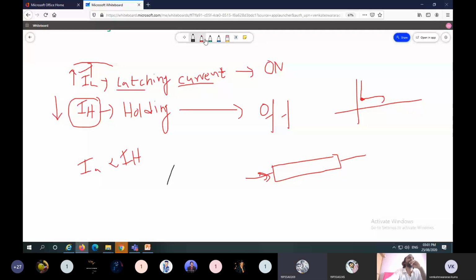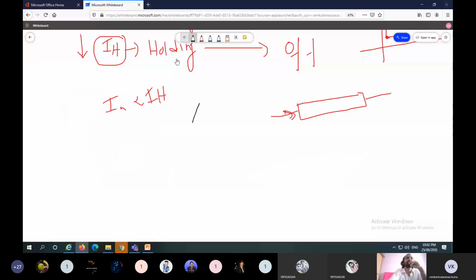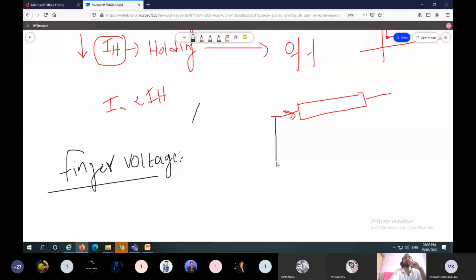So coming to finger voltage. This definition is not important, but you need to know about finger voltage. Finger voltage means the minimum amount of voltage across the switch to turn on the device.